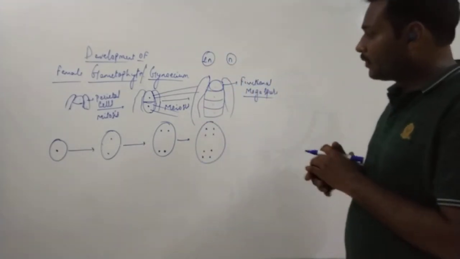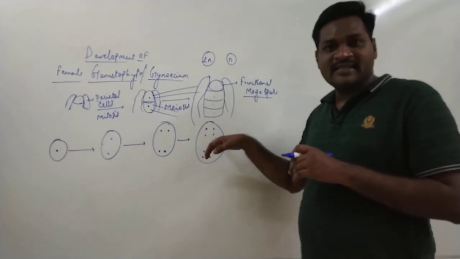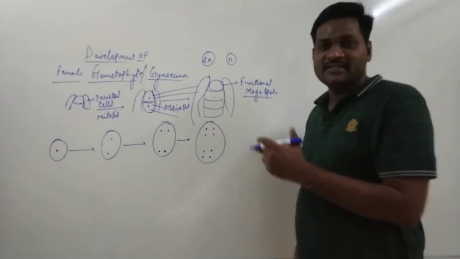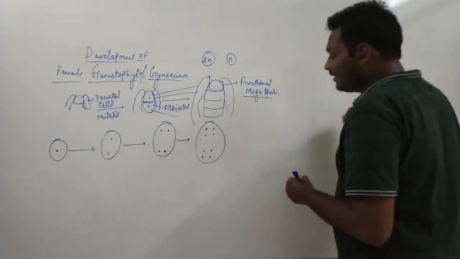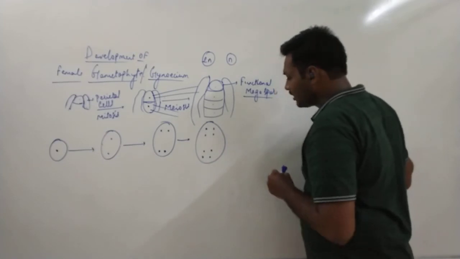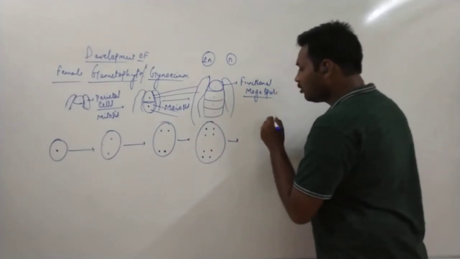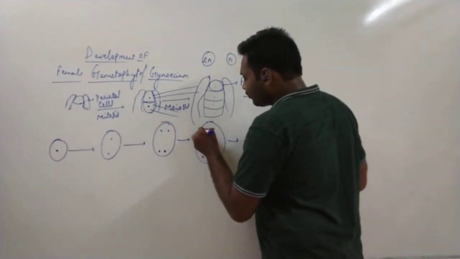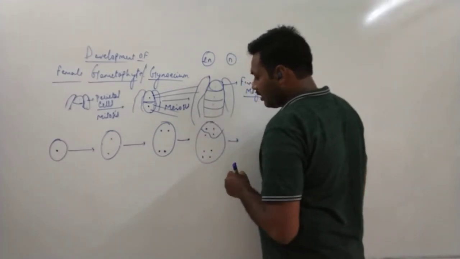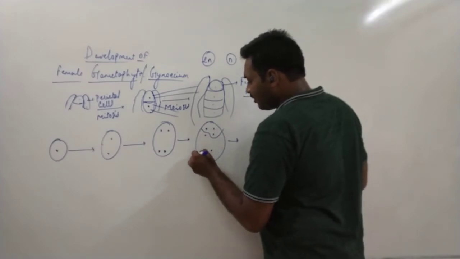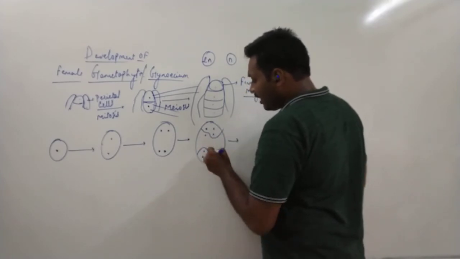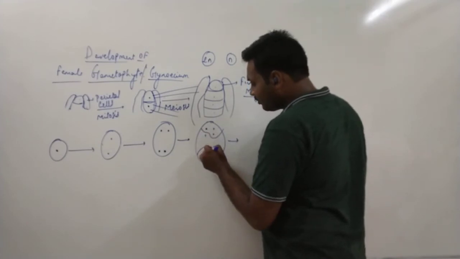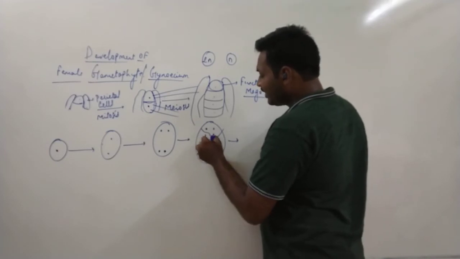Now these nuclei will start to take different positions, and this entire structure will act as the embryo sac. Let's see how they position. Of these, 3 will be positioned in the upper part, 3 in the lower part, and the remaining 2, one from each side, will come to the central part.